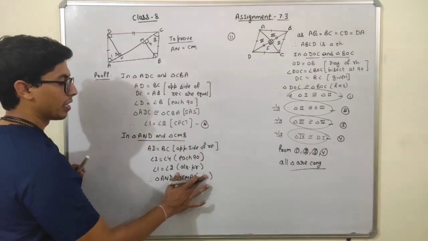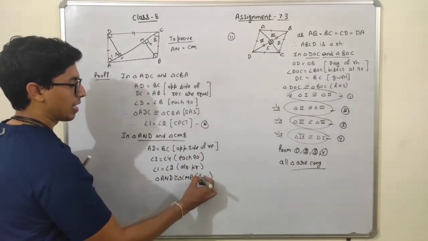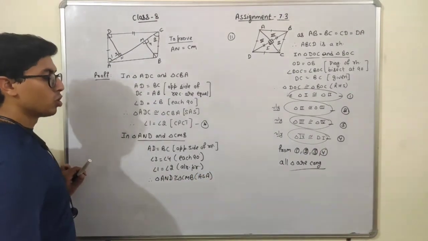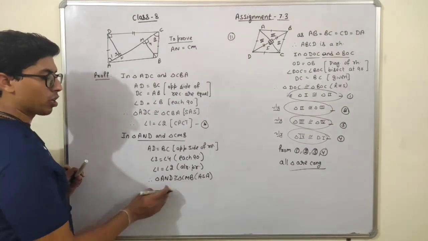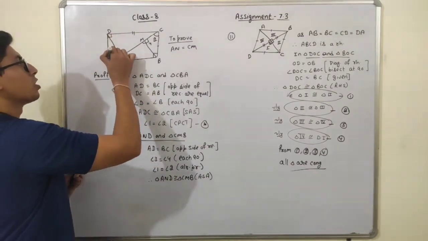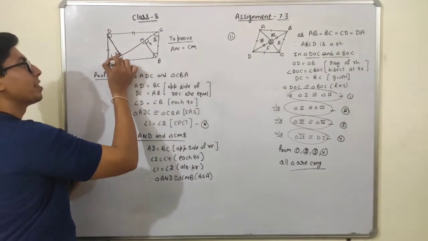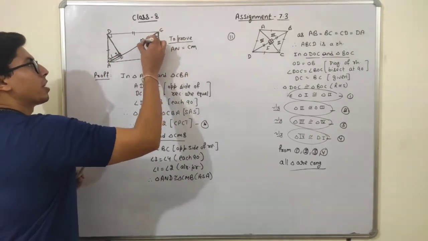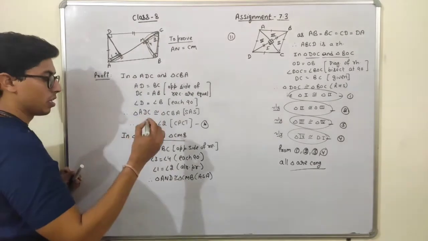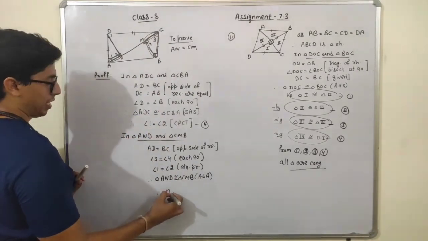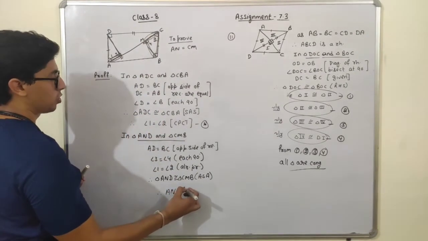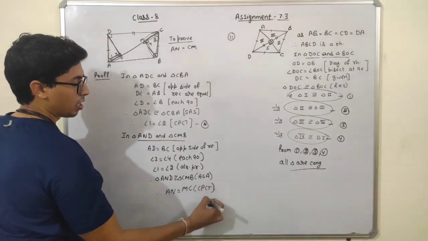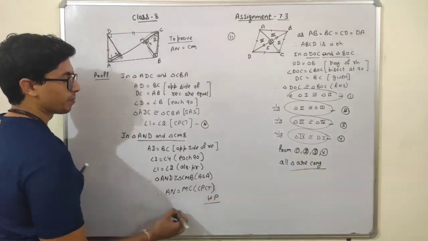Sorry, ASA property, because two angles are there and a side is there. So students, these two triangles are congruent now. From this triangle I can take this AN, and from this triangle I can take this MC. Therefore, AN is equal to MC by CPCT. So this is our required answer.